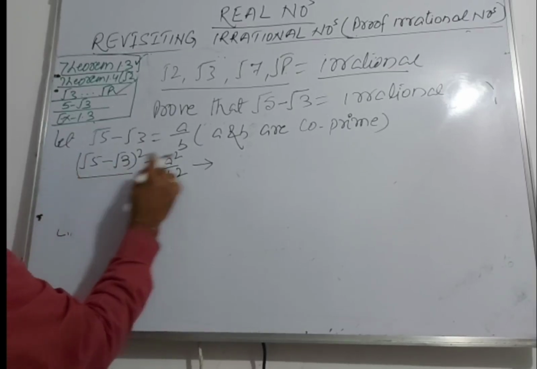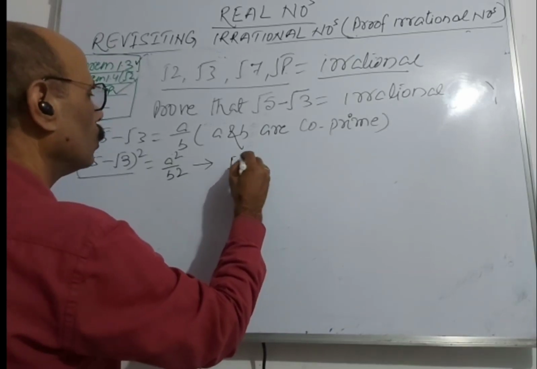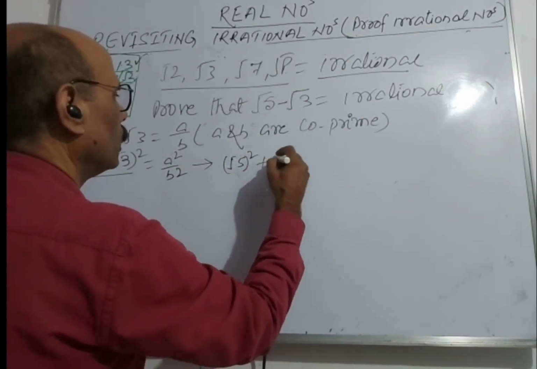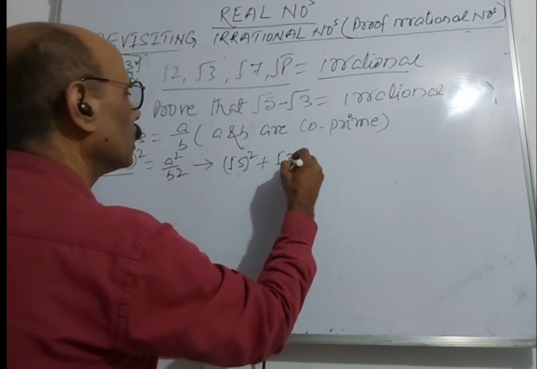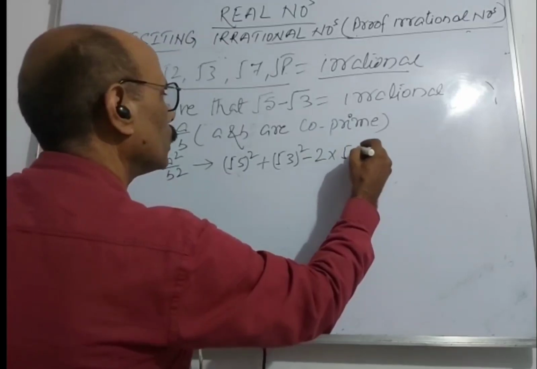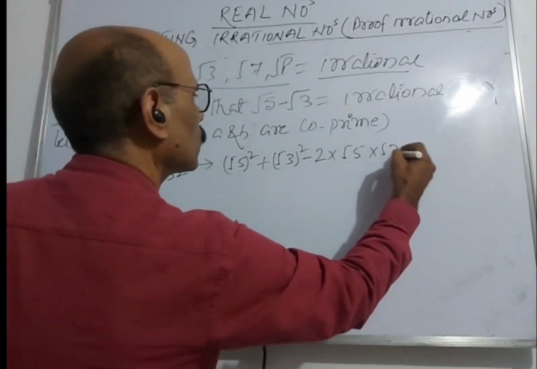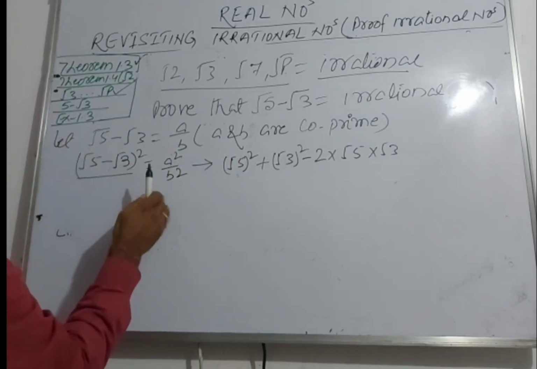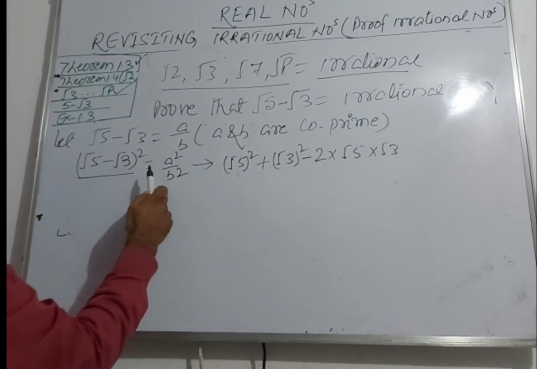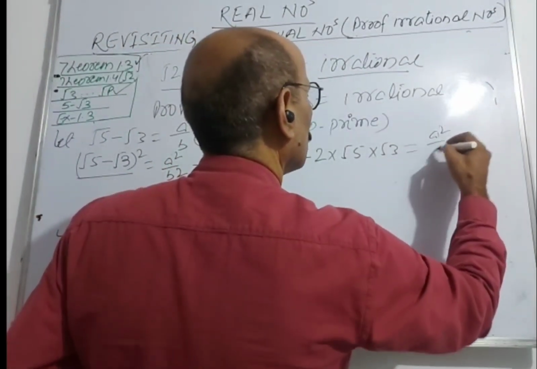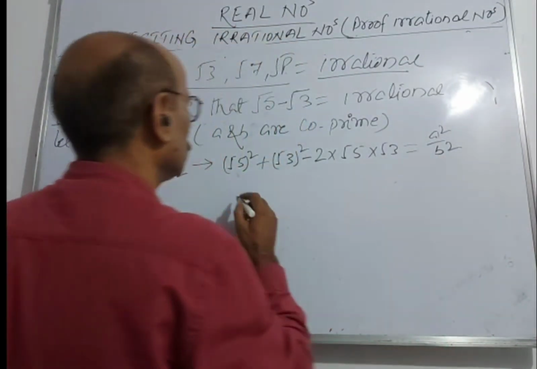In place of this, we write root 5 square plus root 3 square minus 2 into first number into second number. This is equal to a square by b square.